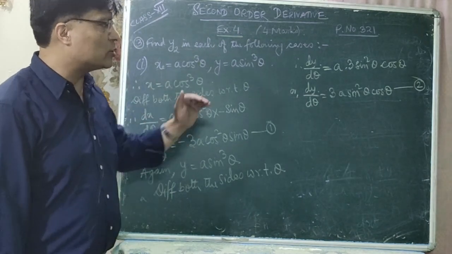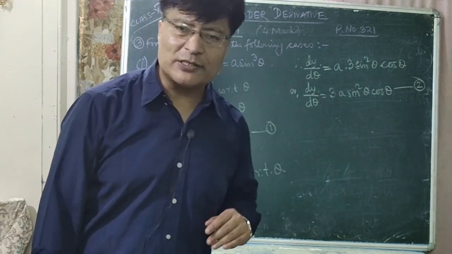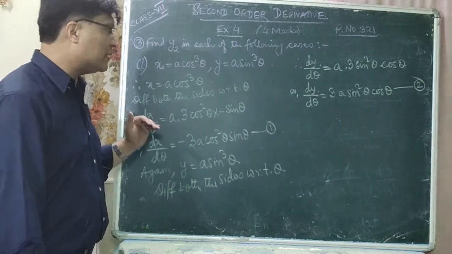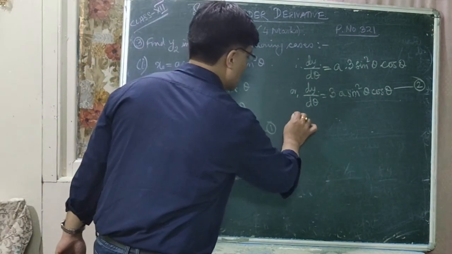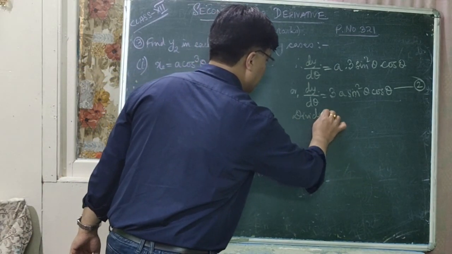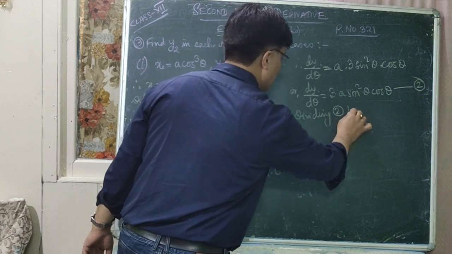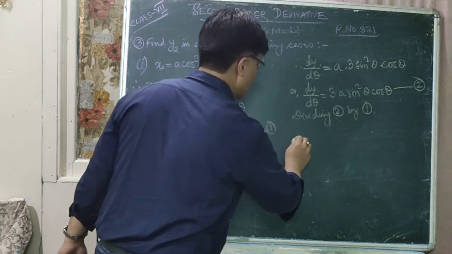So what will you do with this 1 and 2 to get the value for dy by dx? You have to divide, that is dividing 2 by 1. So what do we get?